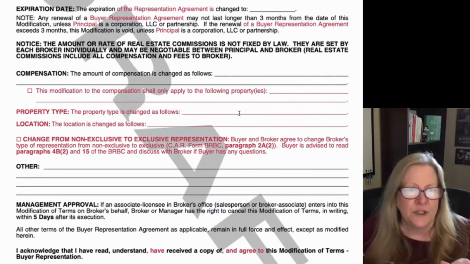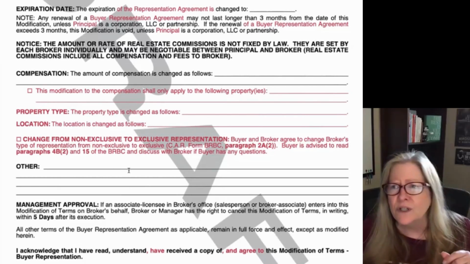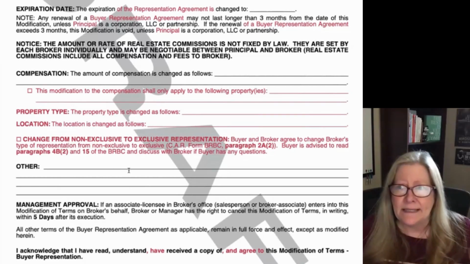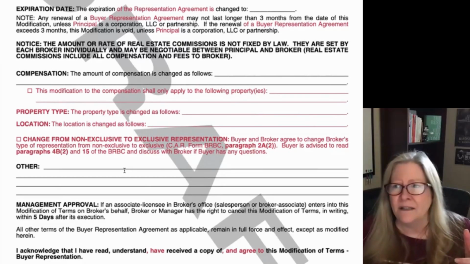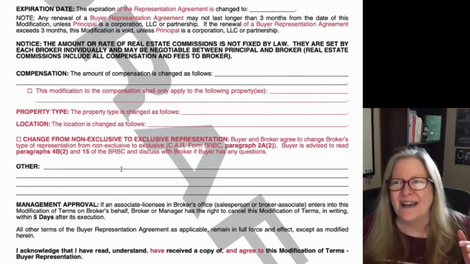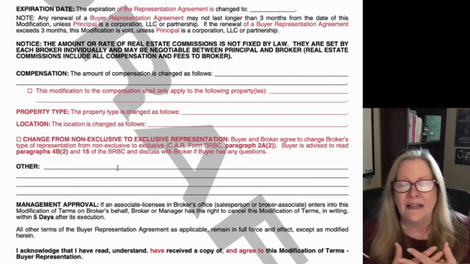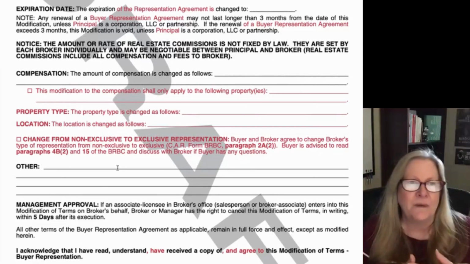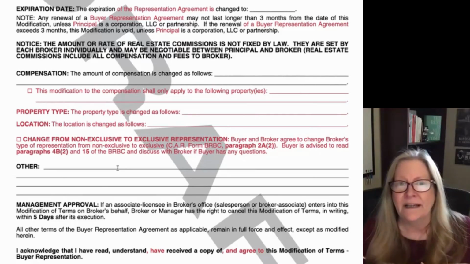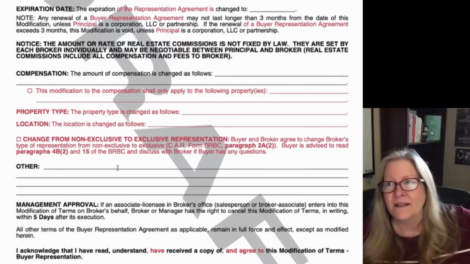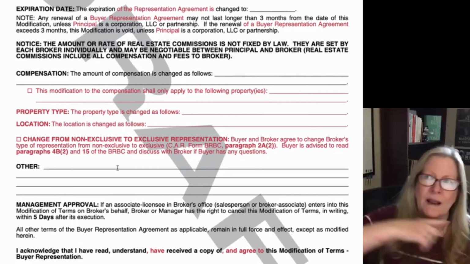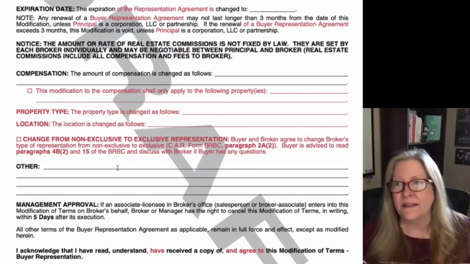Property type, if you're changing that, location, if you're changing that, and you'll notice your BRBC has cities and counties. Do counties, guys. Otherwise, for instance, where I live in Visalia, it would be common for people to look in Visalia or Tulare, but then a property could come up in Exeter or Hanford. These are surrounding cities in my area that they want to look at.